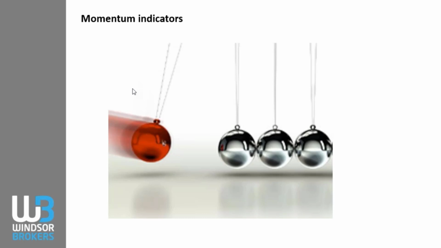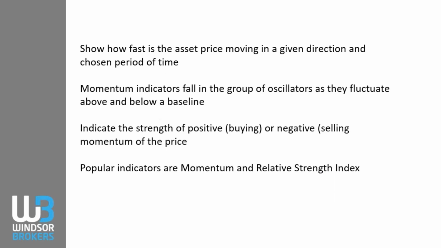So a momentum indicator will give us a signal when the price is having either strong momentum or weakening momentum, or it's giving a signal that the initial direction may change. Momentum and relative strength index are the most popular. It gives us the indication, as I said, of the strength of the market movements, whether positive or negative.